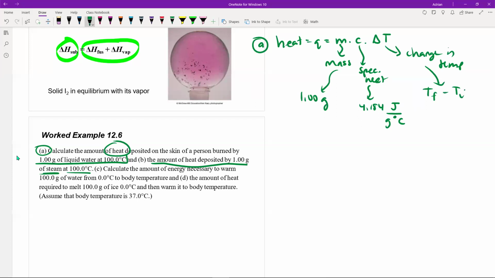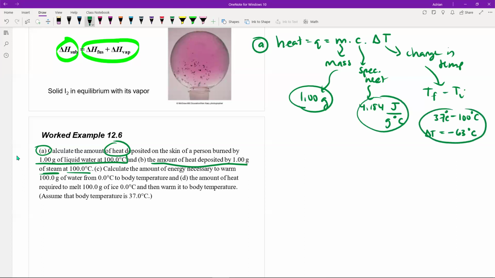So we're starting off, sorry, at 100 degrees. And then we're ending up at the patient's skin temperature, which is body temperature. We'll assume that's 37 degrees Celsius. So that would be delta T here being equal to negative 63 degrees C. So we have our m, we have our c, and we have our delta T. Remember now, c is sometimes abbreviated as lowercase s in different textbooks, it means the same thing.